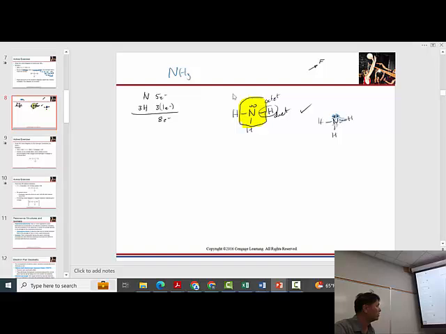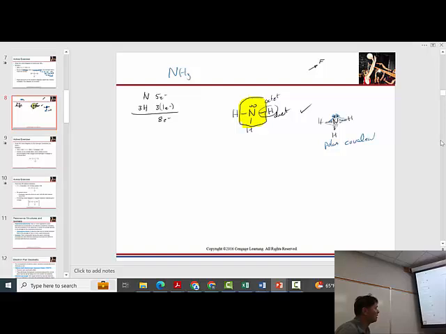Nitrogen's stronger, so it's going to take more of the cloud. But hydrogen doesn't completely let go, because hydrogen has a little bit of strength. And so we're going to get an asymmetric electron cloud distribution to the bonds there. This is polar covalent.